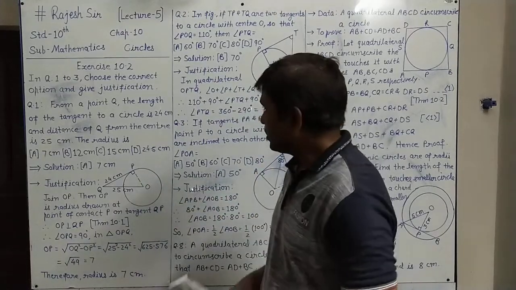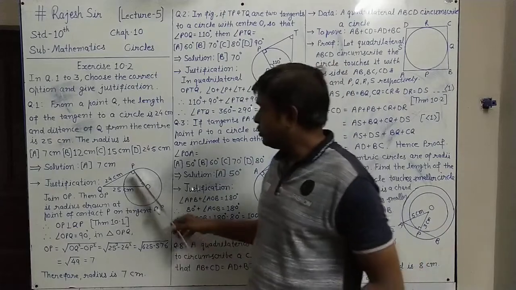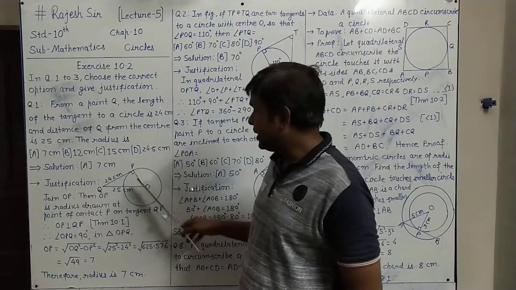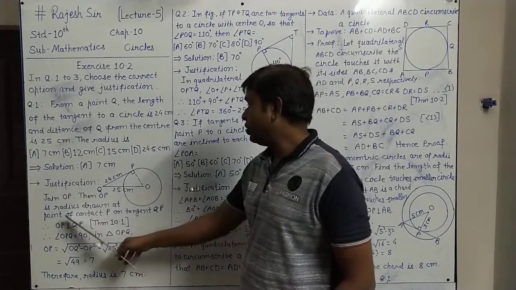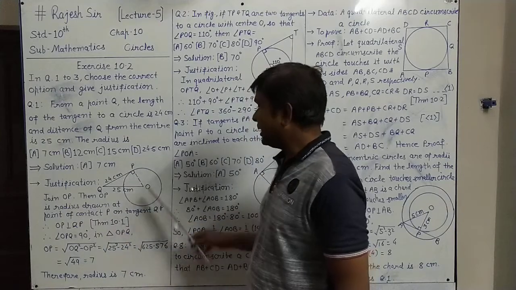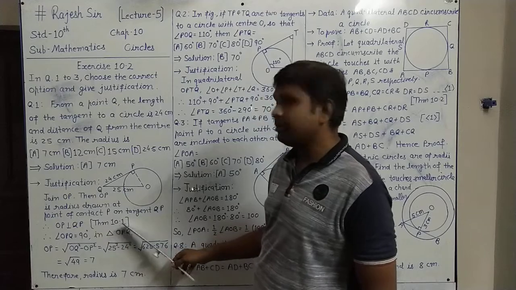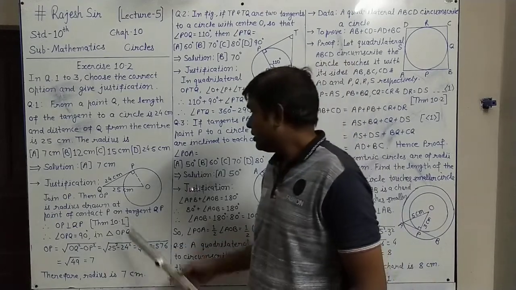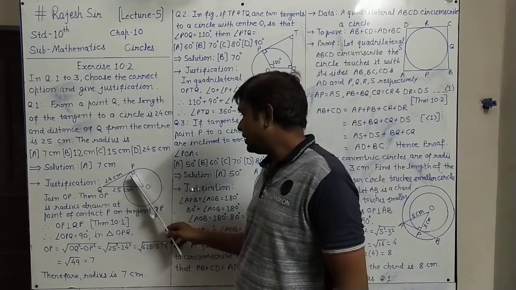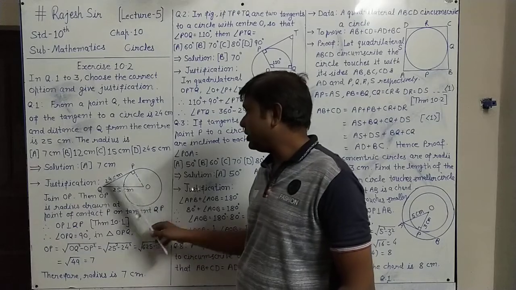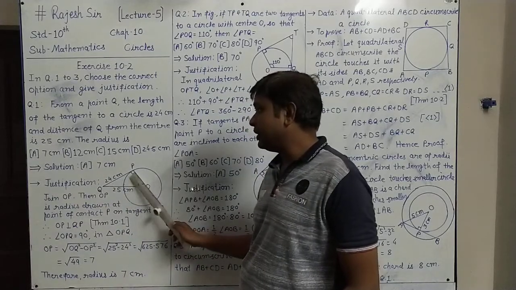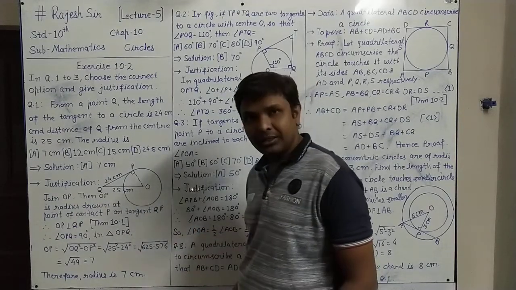As we know, if you join OP, then OP is the radius drawn at the point of contact P on the tangent QP. So OP is perpendicular to QP, theorem 10.1. Angle OPQ is 90 degrees, so in triangle OPQ, OQ will be the hypotenuse.